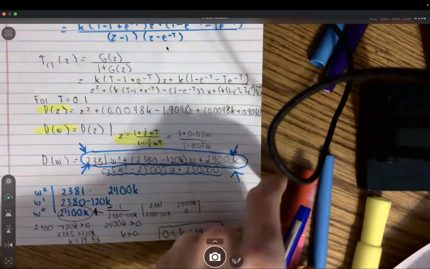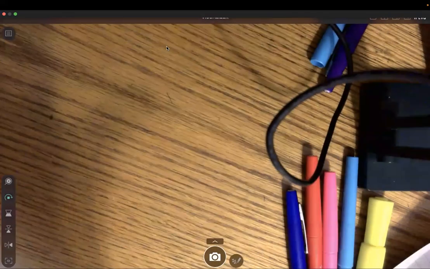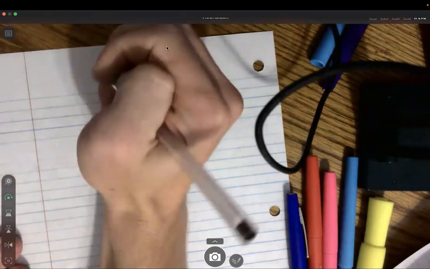The Jury stability test is a little more difficult, not gonna lie. I think it's simpler in terms of fewer calculations, but it's just new, so it seems more difficult. You have to find the characteristic polynomial.